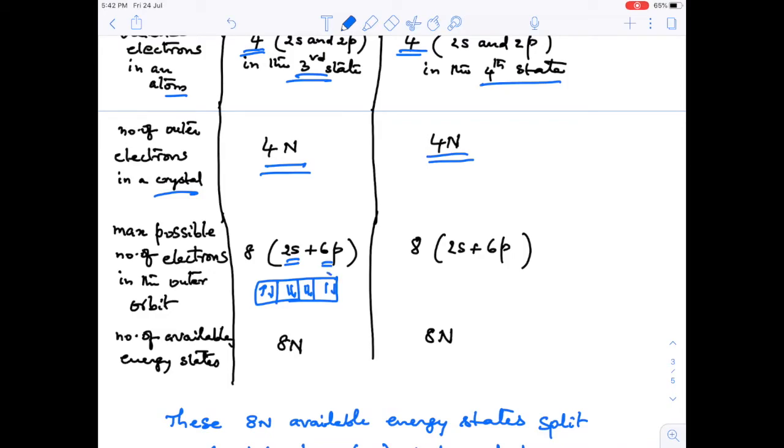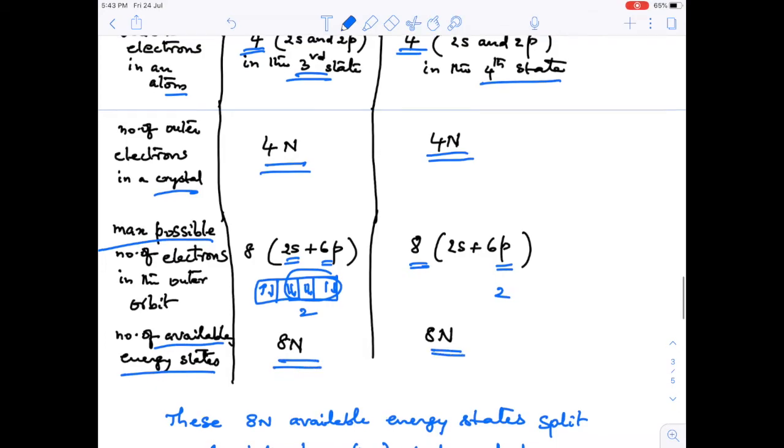So available are 6 in p, but you have only 2. Similarly here, available are 6 in p, but you have only 2. Put together, you have 8 possible outermost electron states, 6 energy levels in p and 2 in s. So how many available energy states? Therefore 8N. Here also 8N.